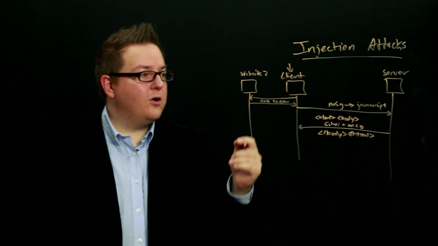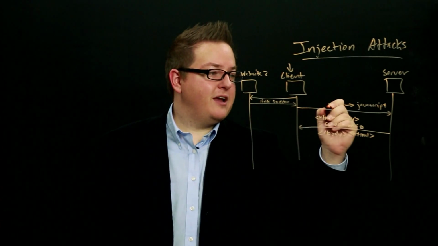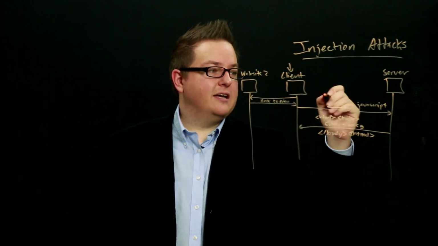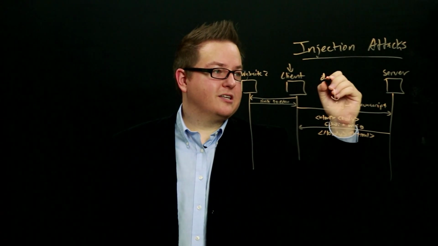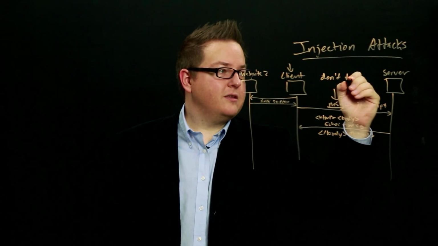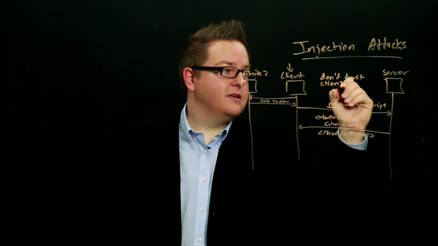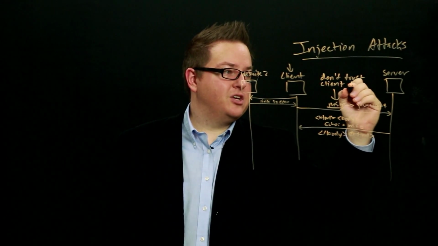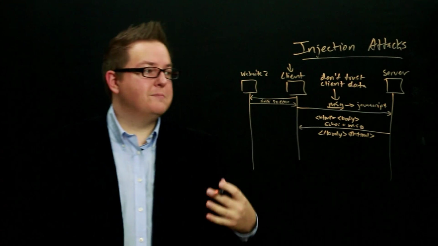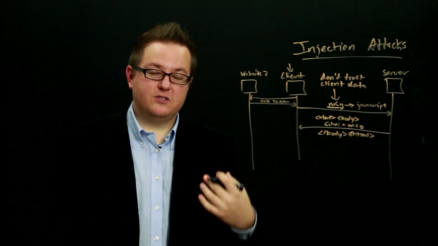So you always, always, always must be very, very careful and don't trust client data. You always must validate it and segregate it and make sure that it can't manipulate your server in some way.